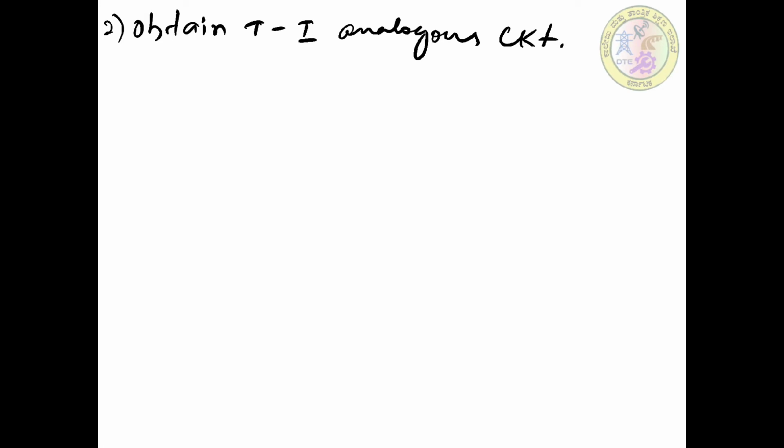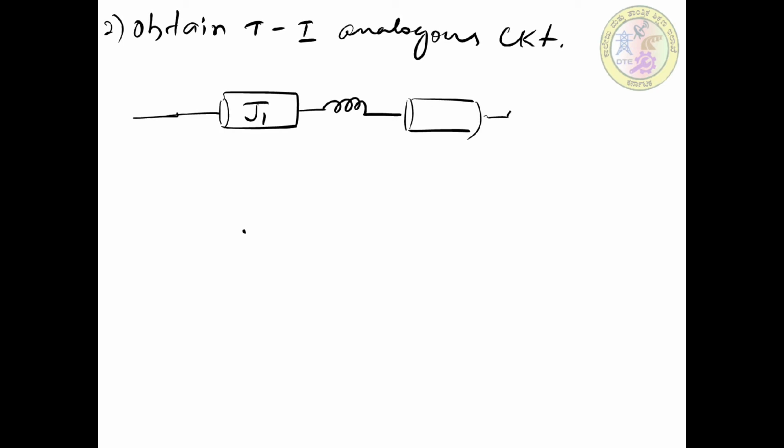The given mechanical system is like this. There is a J1 element, next there is a spring K1, there is a J2 element and spring K2. So this is J1, J2, spring K1, K2.